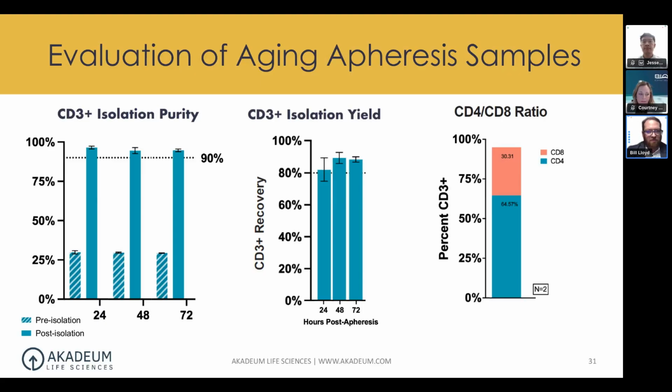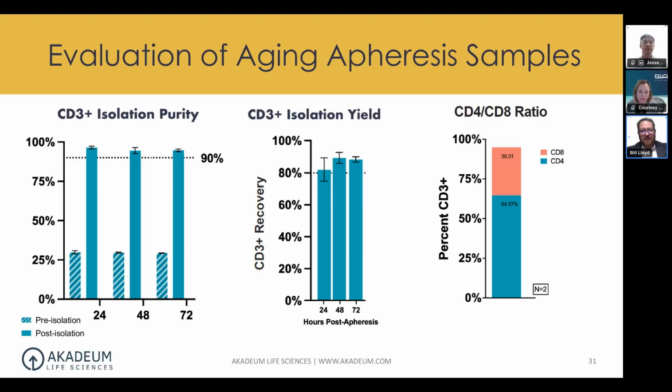And so here we show a comparison of these isolations across two donors, where you can see that at 24, 48, and 72 hours, the purity is all very robust at about 95%. And at none of those time points, moving to the middle, was the yield altered, all above 80%.